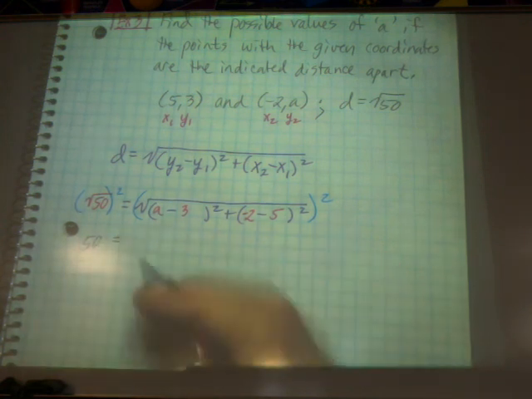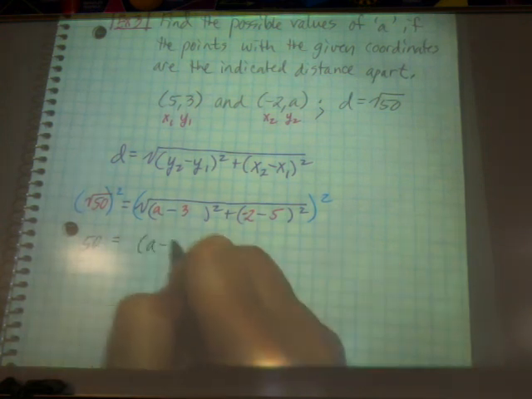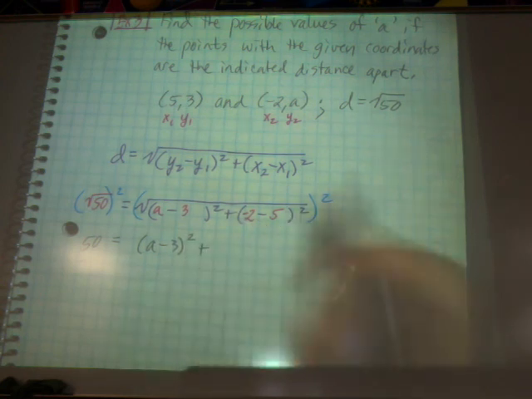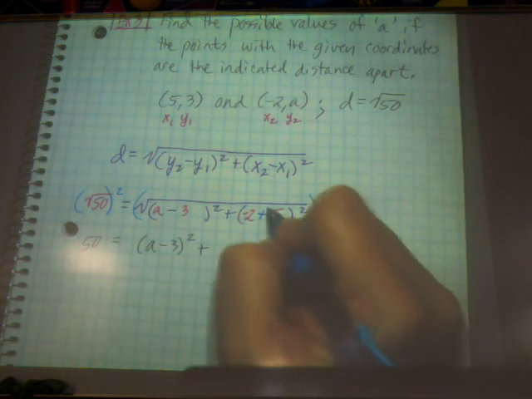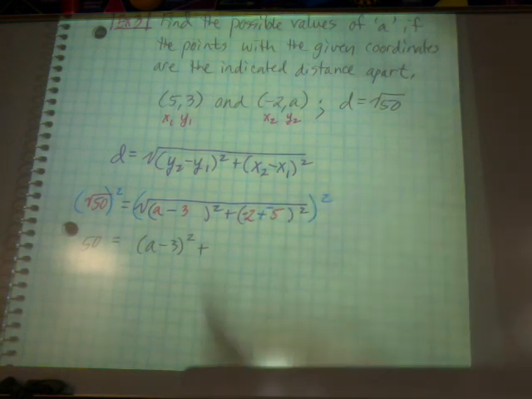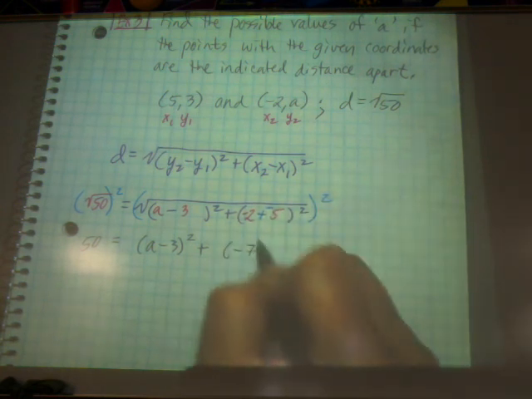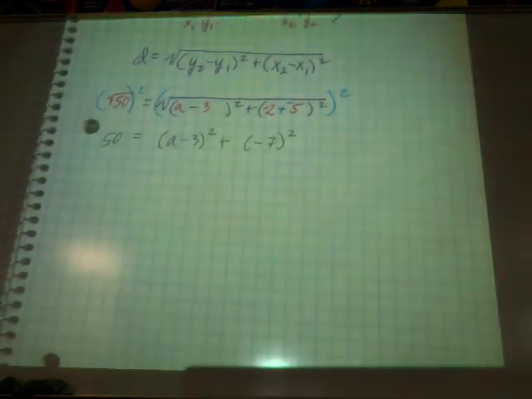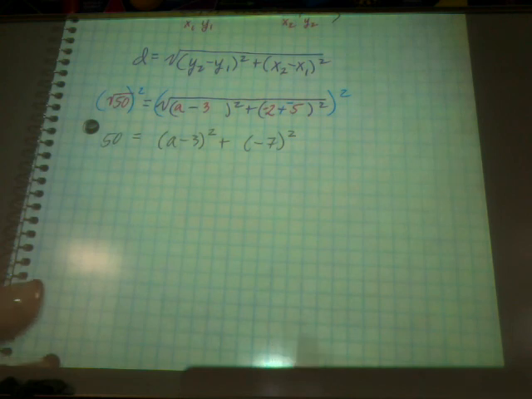And if I square this radical, I get parentheses a minus 3 squared plus, and here I am going to add the opposite, plus a negative 5. So what's negative 2 plus a negative 5? Negative 7 squared. What would you like to do first? Yep, we'll square the negative 7 first.